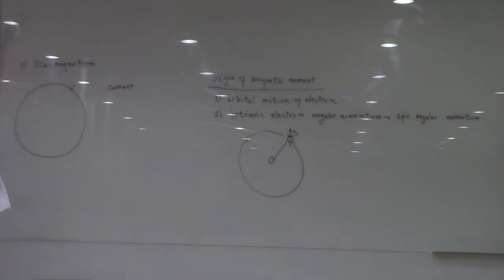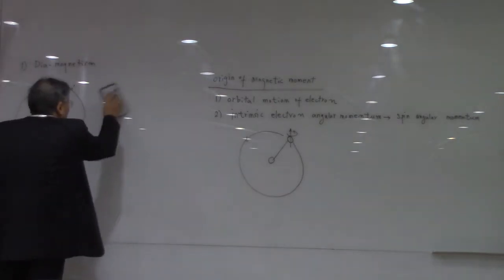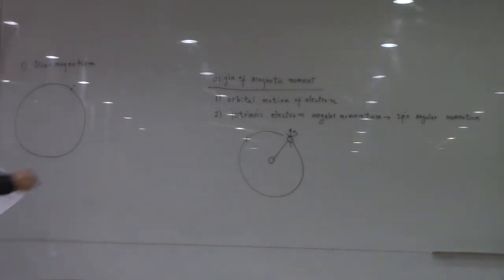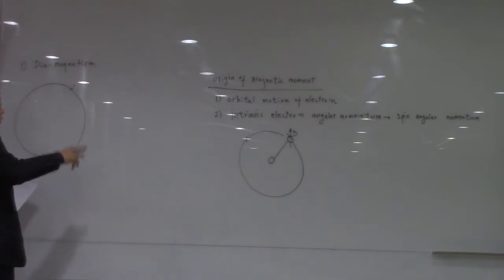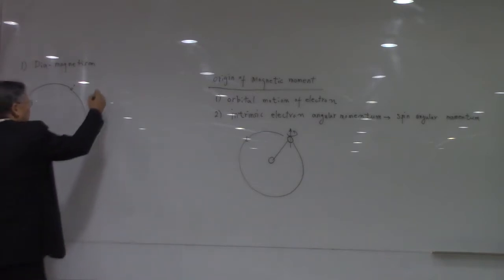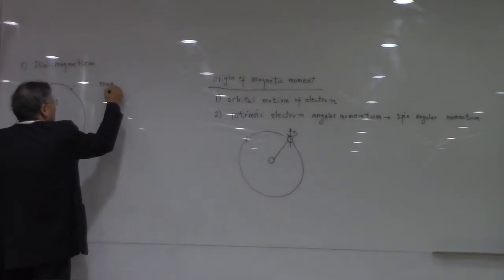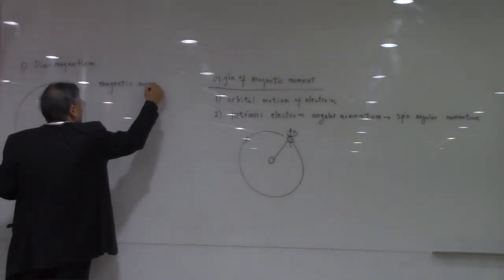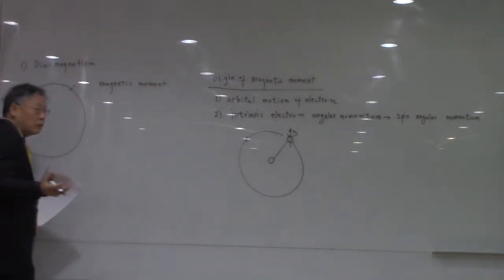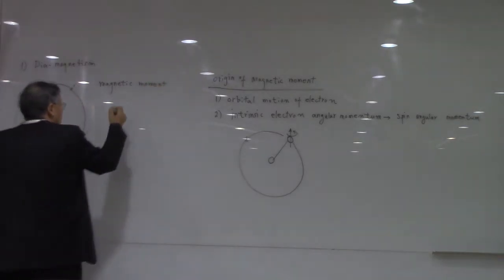The orbiting electron itself is a kind of a current, a change in the electric field, something like that, which will induce the magnetic moment, okay, by Maxwell equation, the third Maxwell equation.